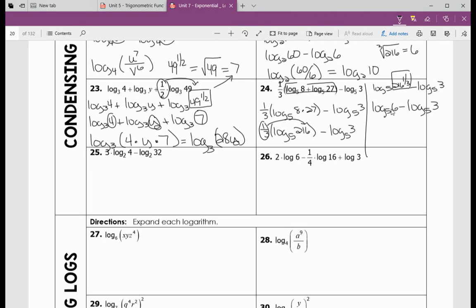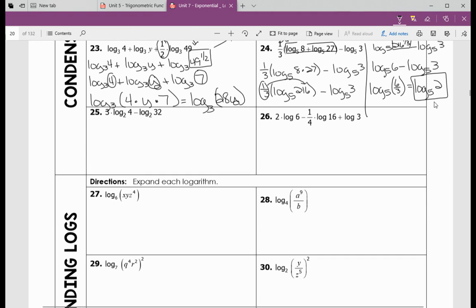Now, since I have a log base 5 minus a log base 5, I get 1 log base 5 with a fraction behind it. And I can reduce that fraction down to 2. So my final answer would be log base 5 of 2. So you can see how some of these have multiple parts and some of them are not as time consuming.